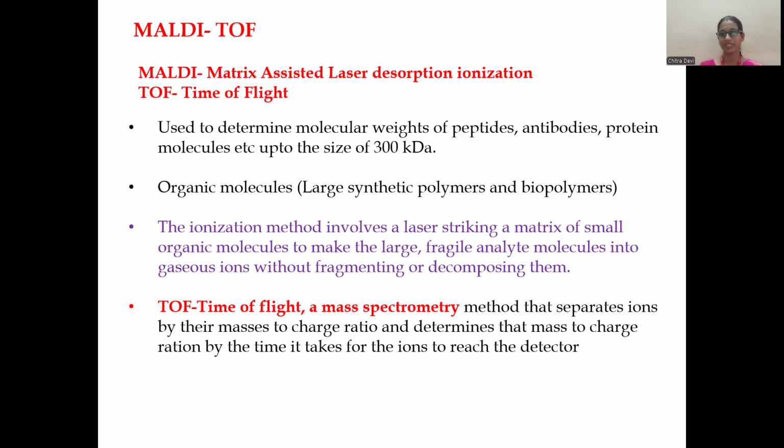That is the major uniqueness of the technique. And TOF is time of flight. This is the mass spectrometric method that separates ions according to the mass to charge ratio, and it determines the mass to charge ratio by the time the ions take to reach the detector, because according to the mass to charge ratio they reach the detector at different time intervals. That is why it is named time of flight. It is a type of analyzer.